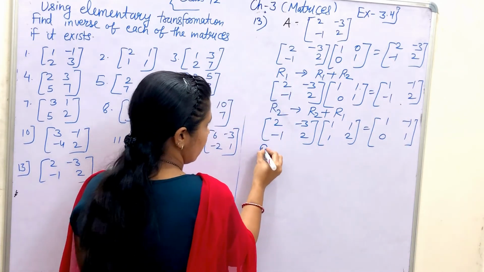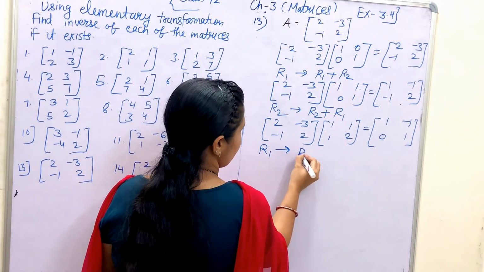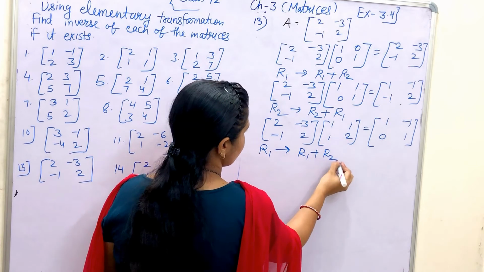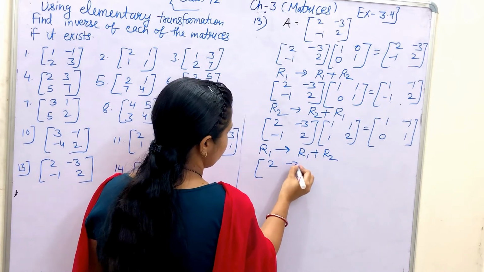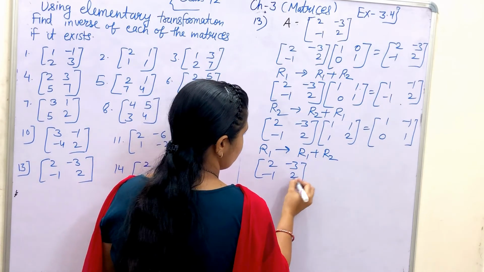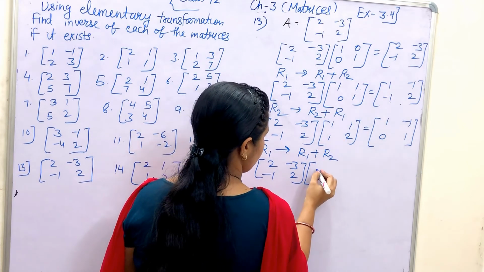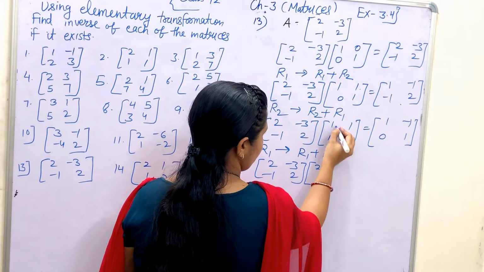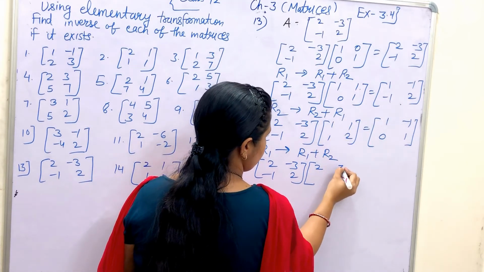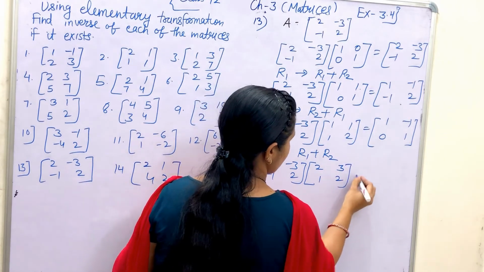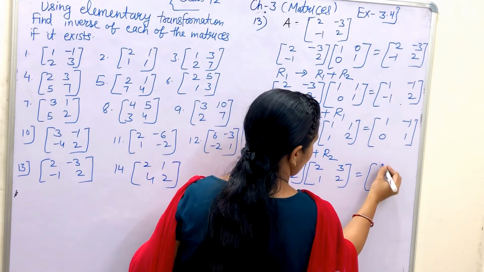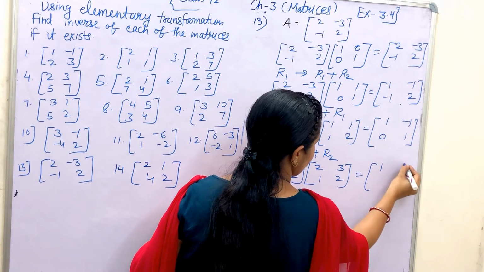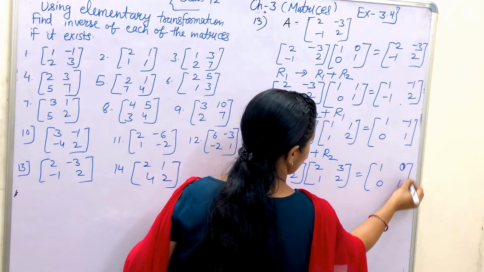Now on R1, R1 plus R2. Here 2, 1 plus 1 is 2, 1 plus 2, that is 3, 1, 2. Here is 1 plus 0, 1, minus 1 plus 1, that is 0, 0, 1.